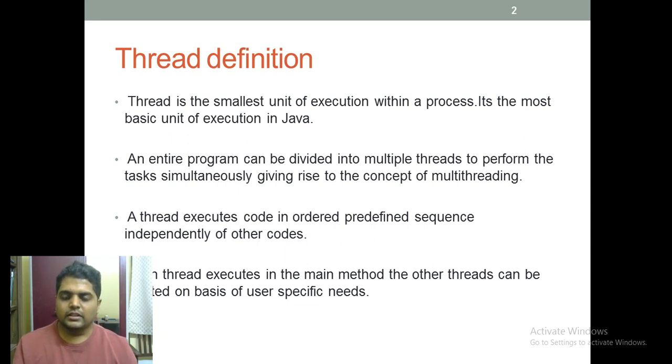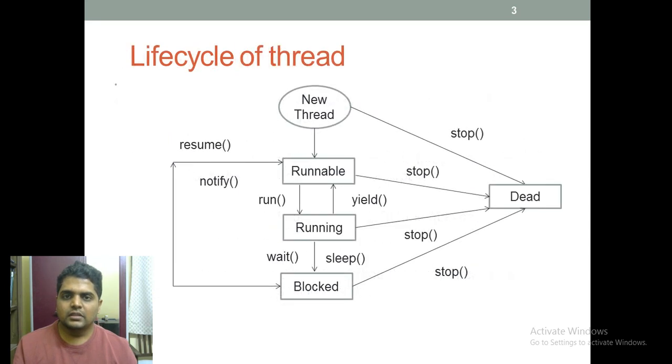Let's move further to the life cycle of a thread. When a thread is actually started, it's in the new state. It's like a newborn baby. It's the new thread, the new state, and after that it can move into the runnable state.